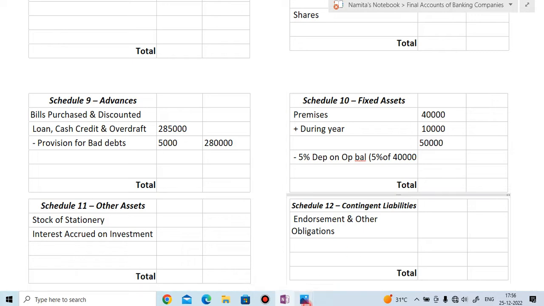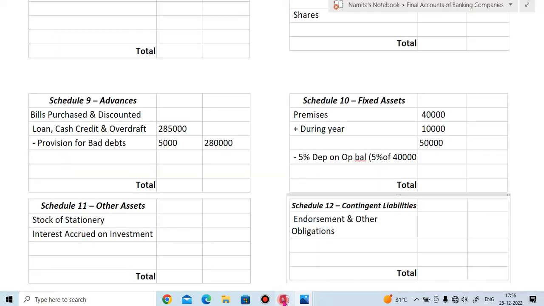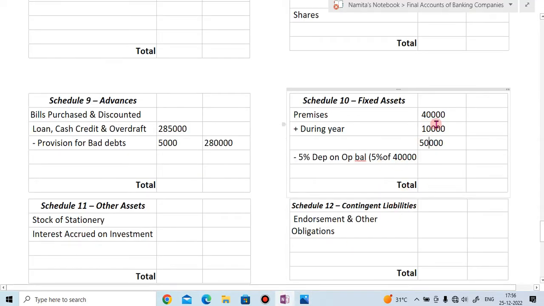Now depreciation is to be charged on what? 5% depreciation is to be charged on the opening balance. So the opening balance is 40,000. 5% of 40,000 is 2,000 rupees. So 50,000 minus 2,000, 48,000. So the premises total amount is 48,000.